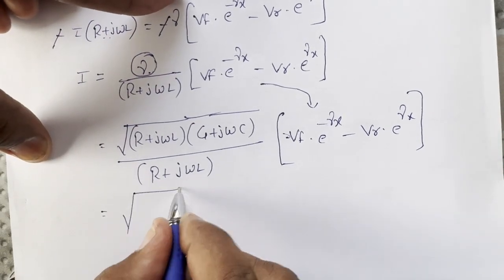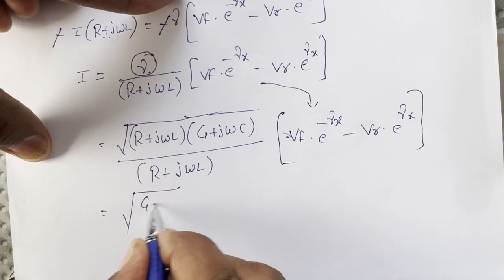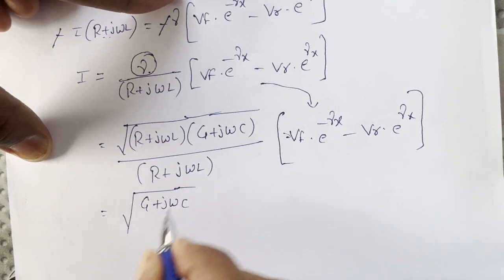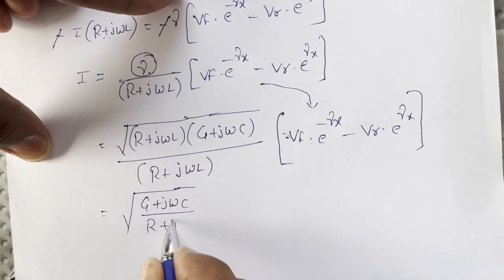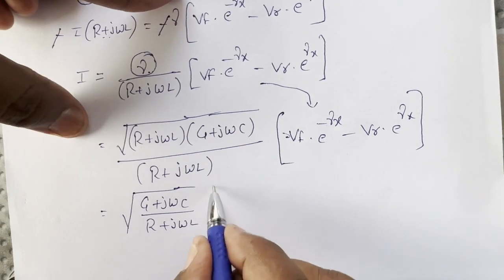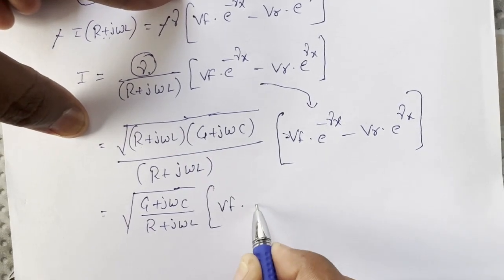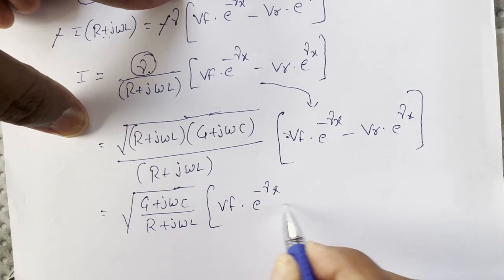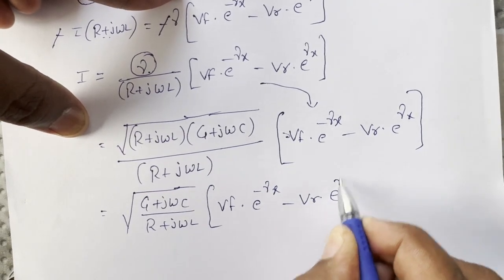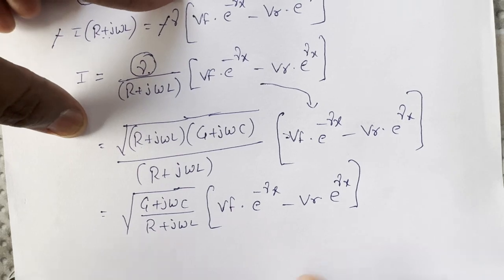square root of (R plus j omega L) is cancelled, square root of (G plus j omega C) by (R plus j omega L) into Vf into e power minus gamma x minus Vr into e power gamma x.